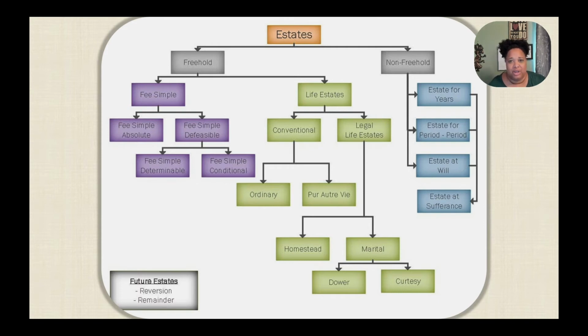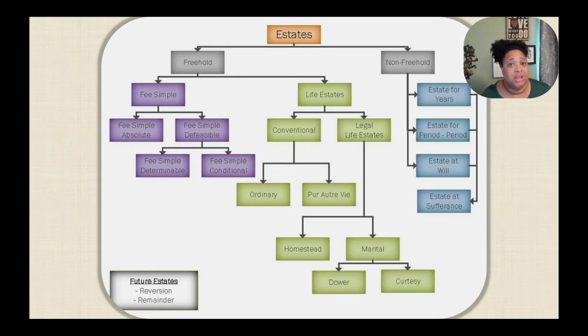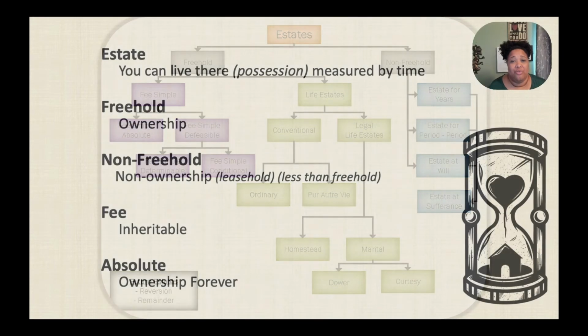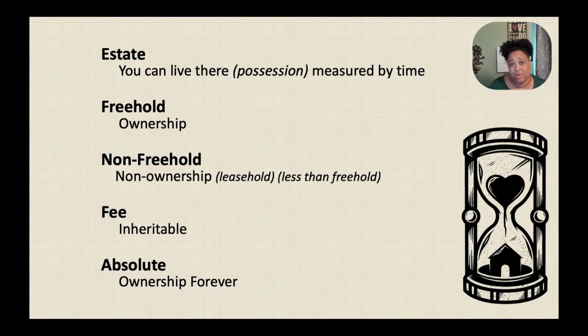Each step in between is a level between, I can live there and I own it, and I can live there and I don't own it. Honestly, the best way to get a handle on these estates, in my opinion, is to understand the vocab. So I'm going to go over some of the vocab with you right now so that when we piece it together in class, it makes much more sense.